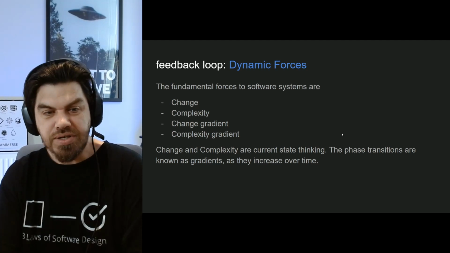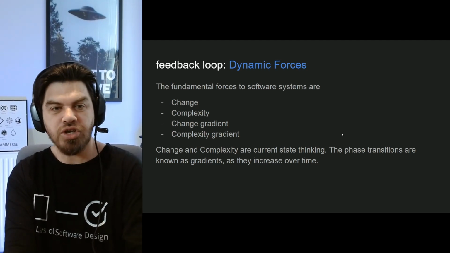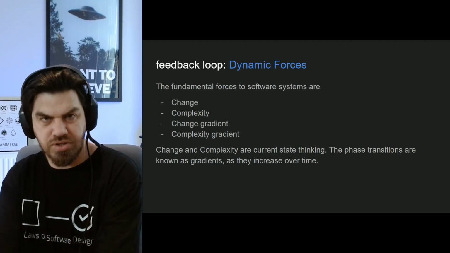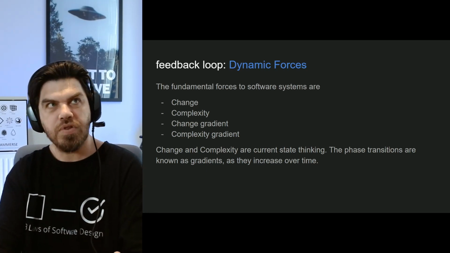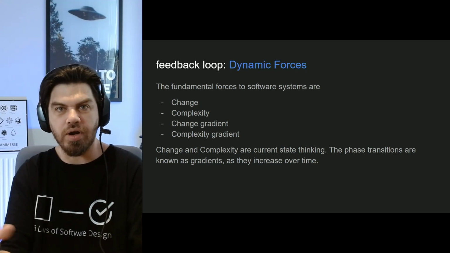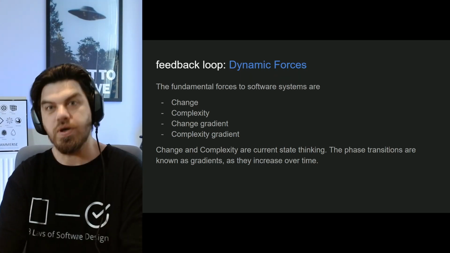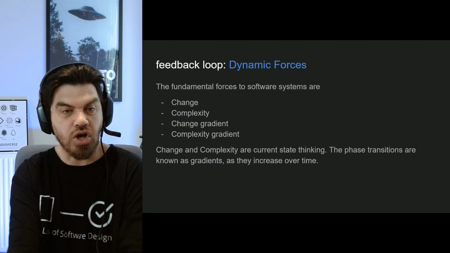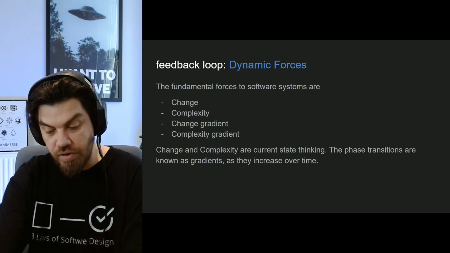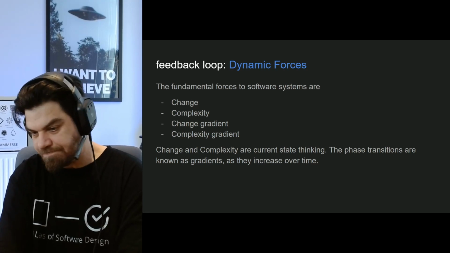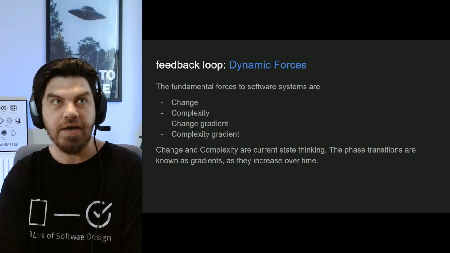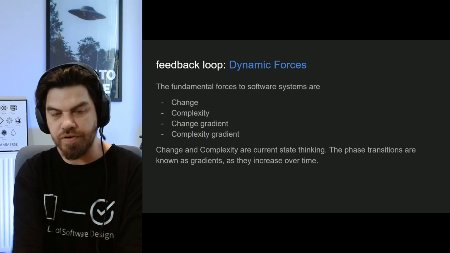Now, while we're doing this, we're going to go back to how change, complexity, and the gradients fit into this, right? So while we're trying to work out what these constraints are and how we should design something, we have to consider change, complexity, and the gradients of those as we go with time. So this is something like, when we solve, we're solving for the long term.